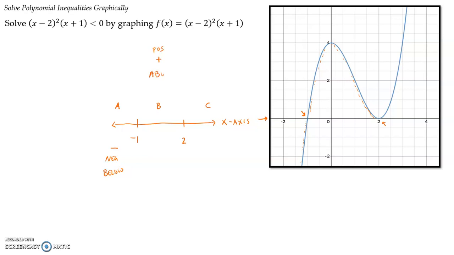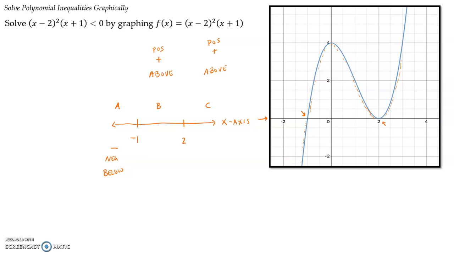Our graph is above the x-axis. And in interval C, we're looking at this portion of our graph. This entire portion is also above the x-axis. We have positive y values in that section. So there's a little mini sign chart.